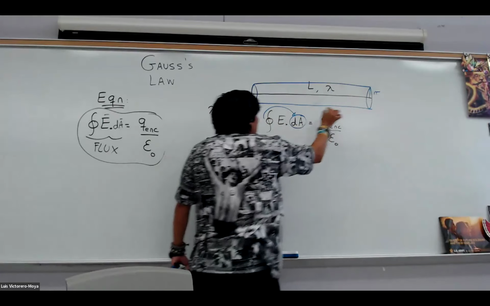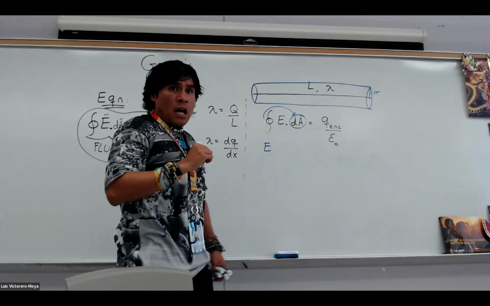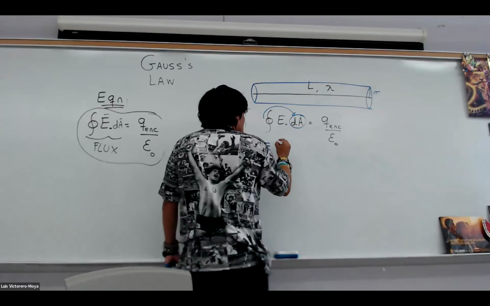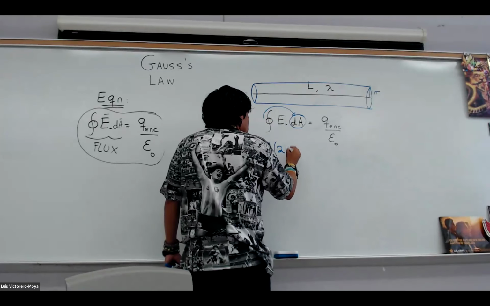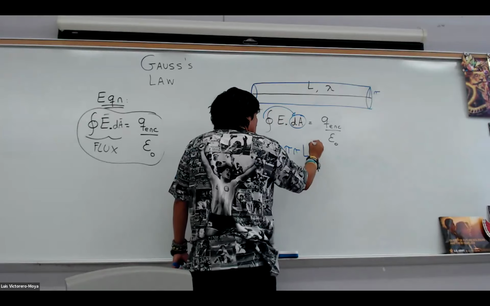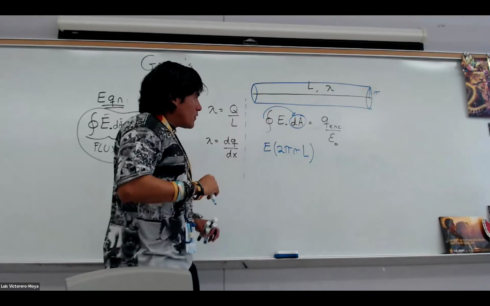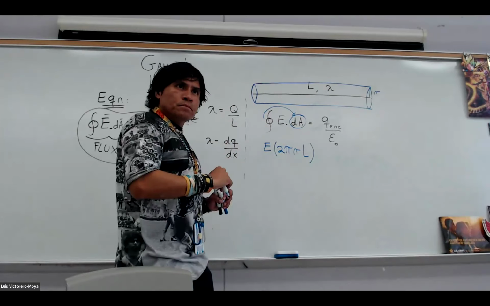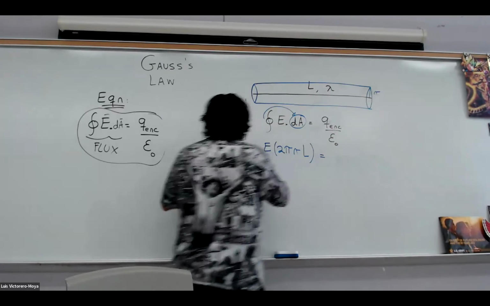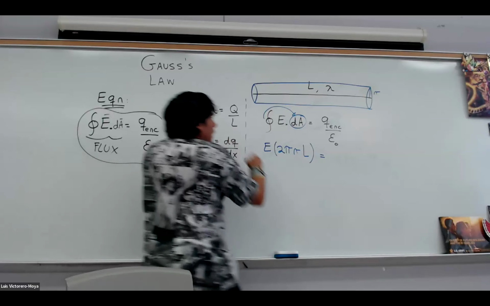The area enclosed by this cylinder is the surface area, right? Which is 2 pi r, the length of the circumference, times the length of the cylinder, L: 2 pi r L. The charge enclosed is lambda L.